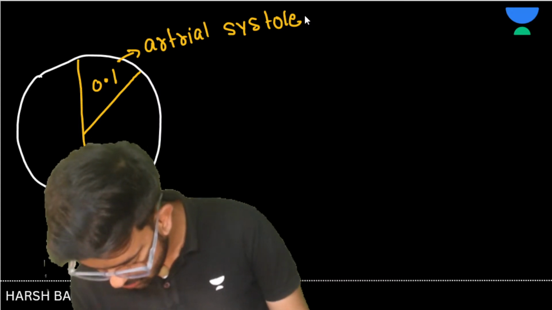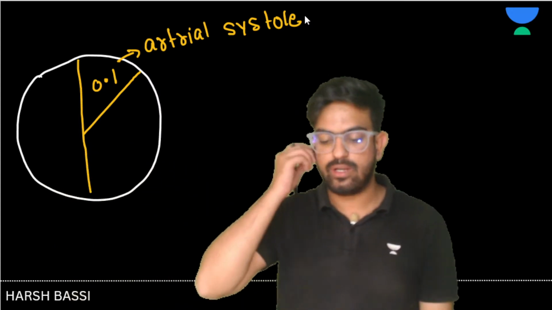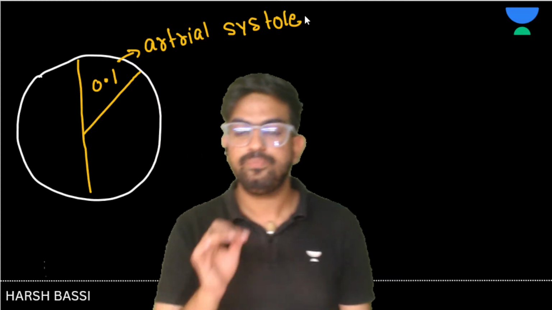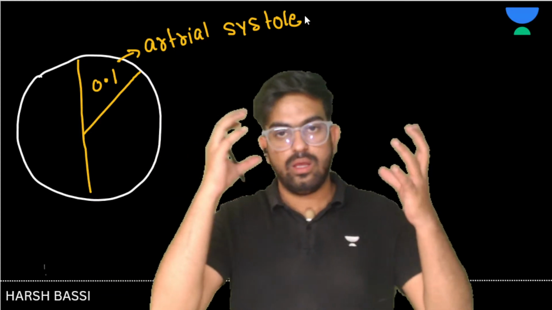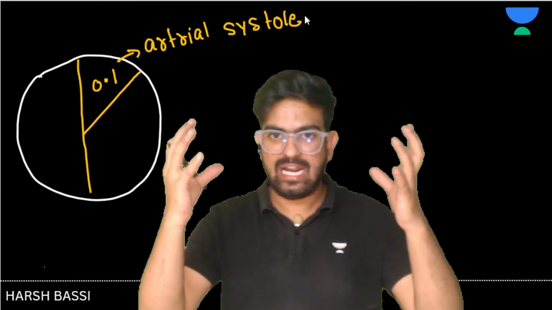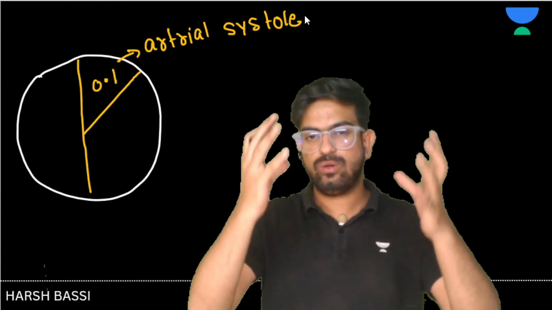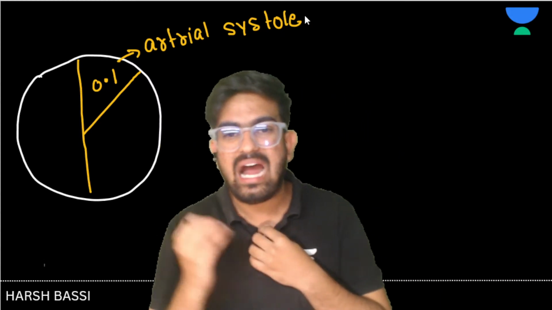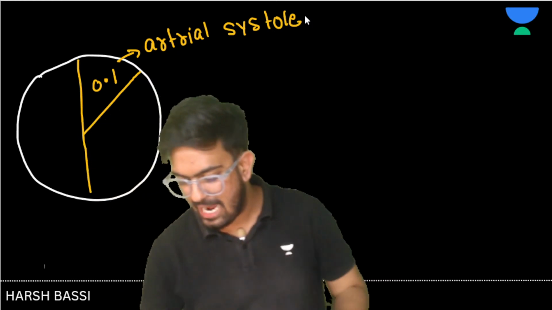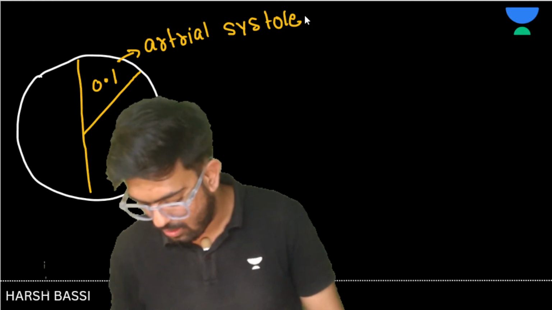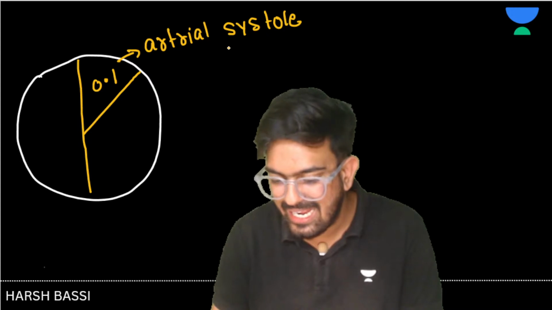चलो चलो देखो. सो अभी तक क्या हो रहा था यहाँ पे? Atria में क्या हुआ? सिस्टोल हुआ. ओके, सो ब्लड कहाँ गया?